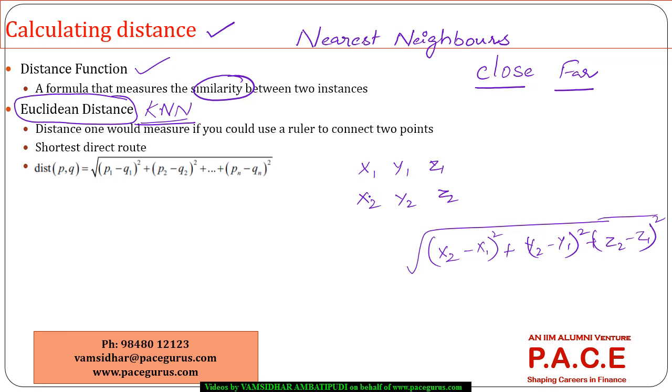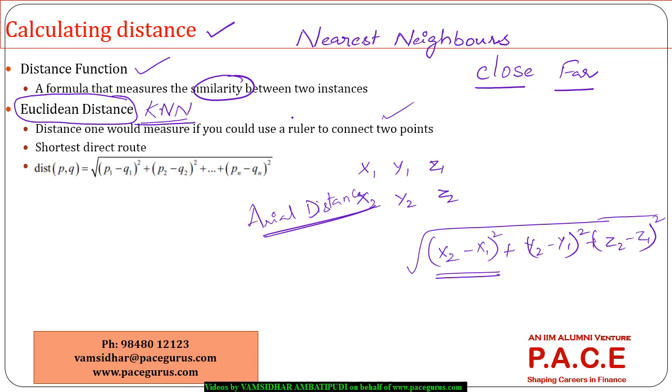So it's basically the square root of the sum of the squares of the differences that is the definition of the distance. This is what we also use as a formula in coordinate geometry. If we use a ruler to connect 2 points, it is typically called the aerial distance between the points, the shortest direct route.